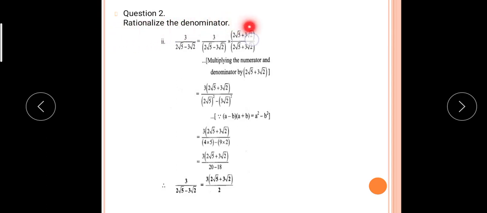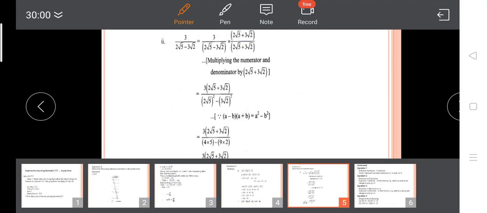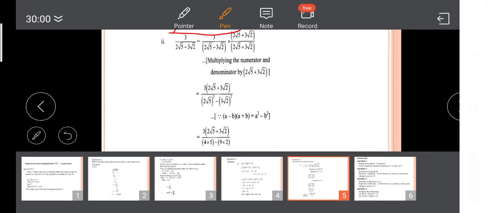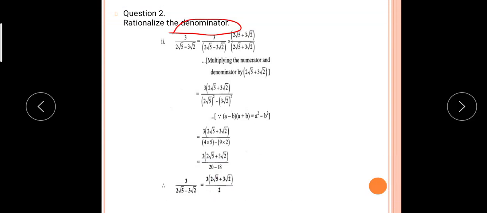Just observe the question: we have to rationalize the denominator. So don't think about the numerator. Now multiply by the conjugate pair of 2 root 5 minus 3 root 2, that is 2 root 5 plus 3 root 2.